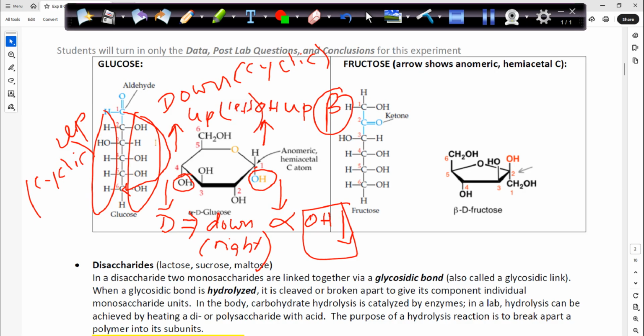So now we know what those are. D is the alpha first. The alpha is coming from this. This is alpha, and this is D1, correct? And that's how we can differentiate between glucose and galactose. In galactose, the OH is up. In glucose, the OH is down. So this is alpha D glucose.